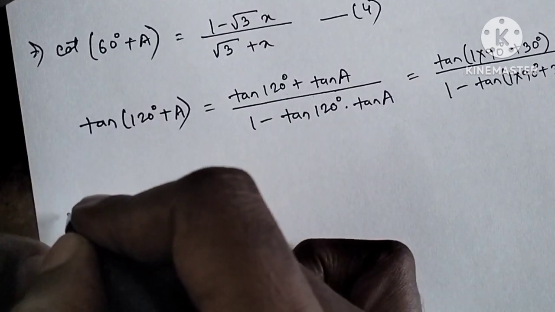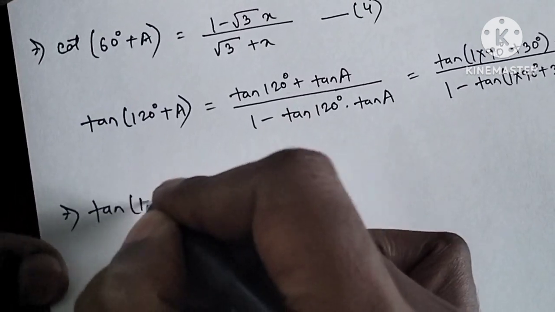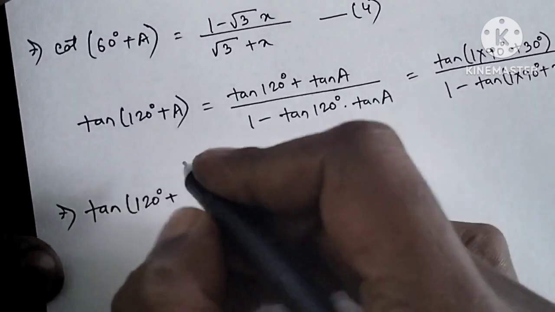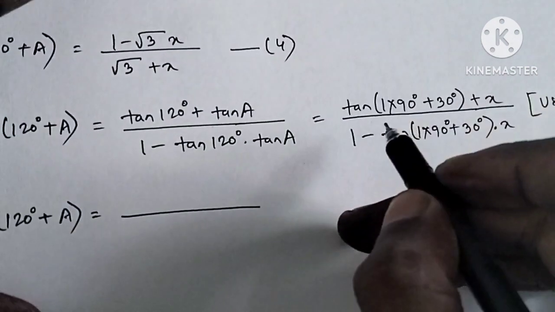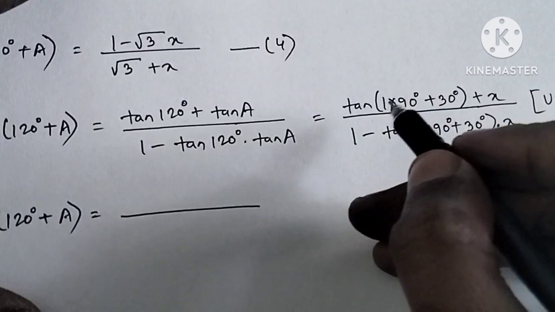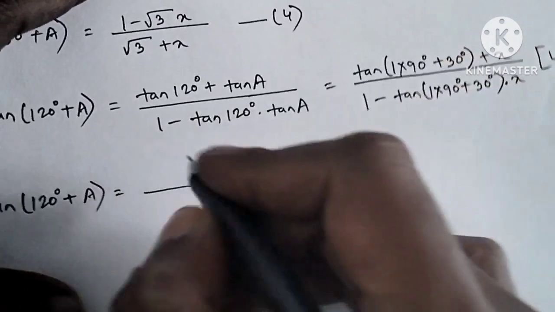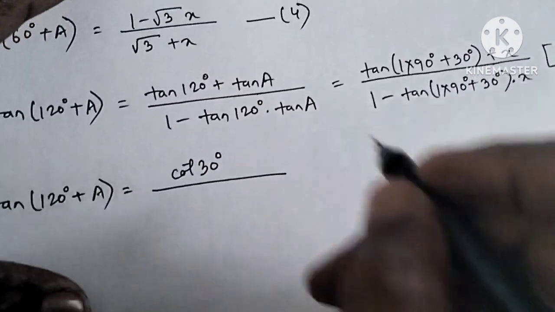So tan (120 degree plus A) is tan (1 into 90 degree plus 30 degree). 1 is an odd number, so tan will become cot 30 degree.